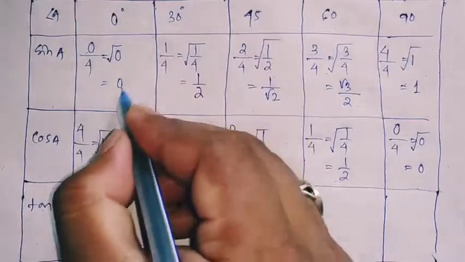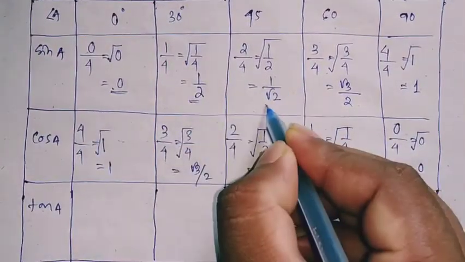So the final values are these: 0, 1 by 2, 1 by root 2, root 3 by 2 and 1.